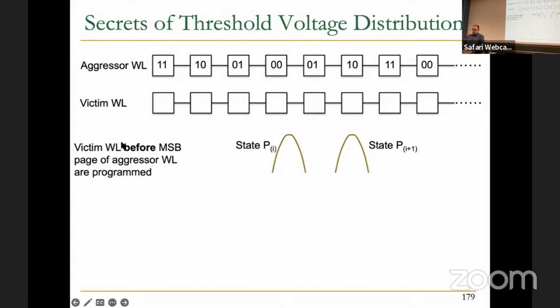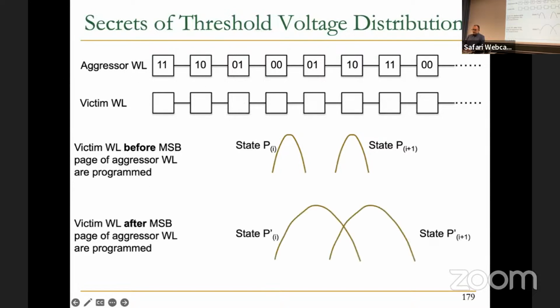So here is an example. You have the aggressor word line with all these values, and there is also this victim word line. The victim word line after the MSB page of the aggressor word line is programmed is like this. So this is the overall distribution. But the distribution for cells whose neighboring value is 1, 1 is like this.